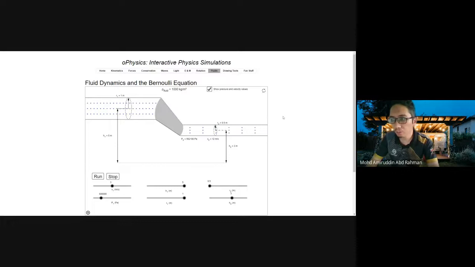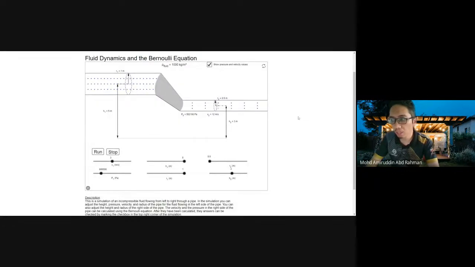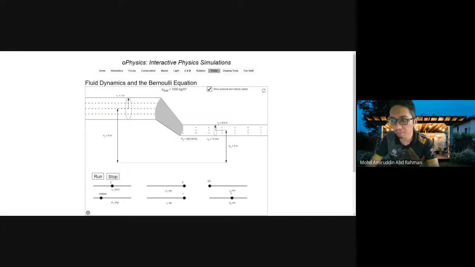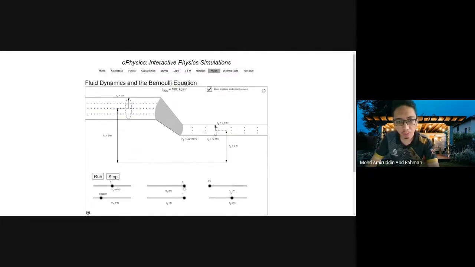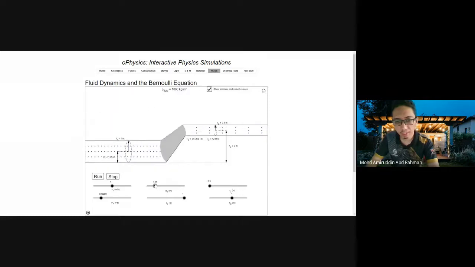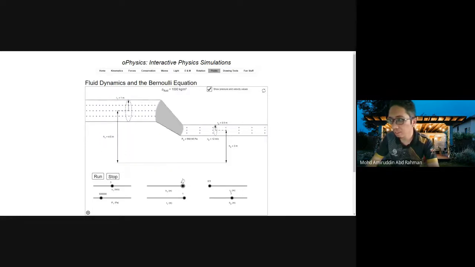Then for number 3, you reduce the height of the left pipe. You can toggle this one, height number 1, so you can reduce that. Then see how it affects the velocity of the fluid on the left pipe.